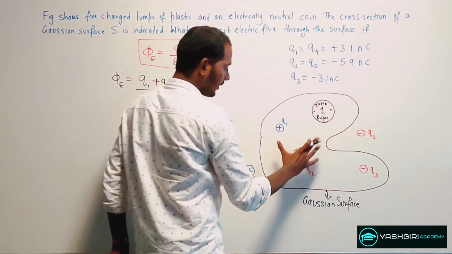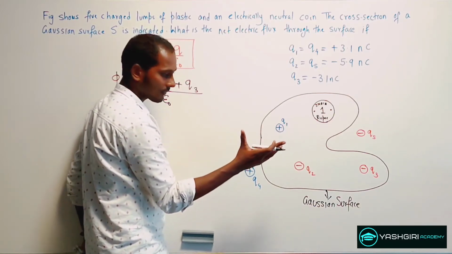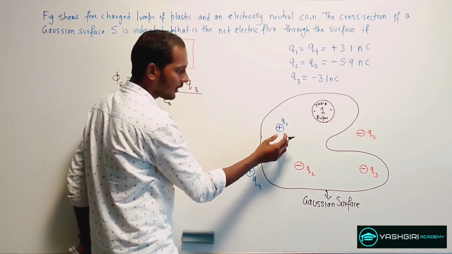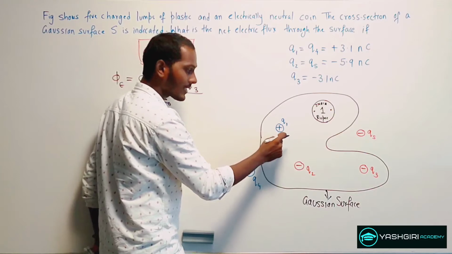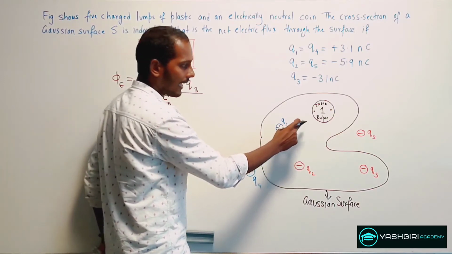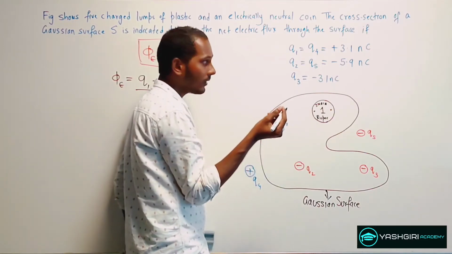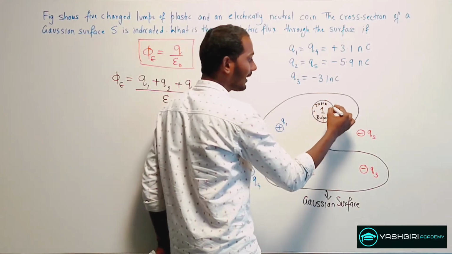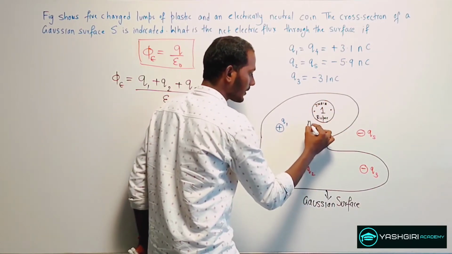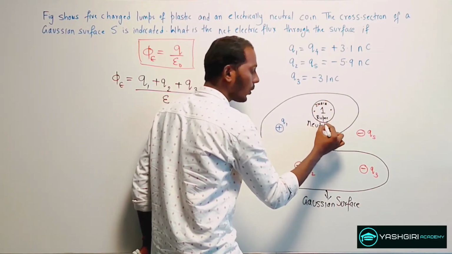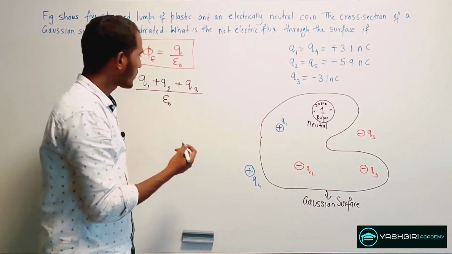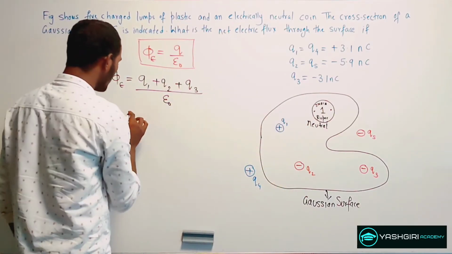Okay, so while calculating the electric flux for any Gaussian surface, you take only the charges which are inside the Gaussian surface. And here this is your 1 rupee coin, which is electrically neutral, so no charge is present on this coin. So in that case I can just add these charges.